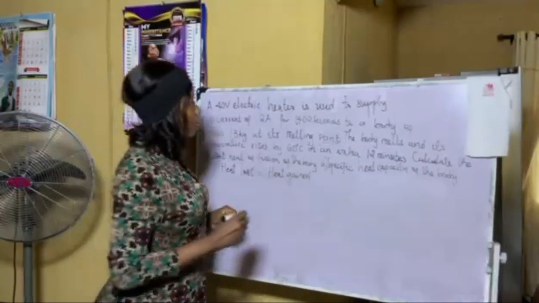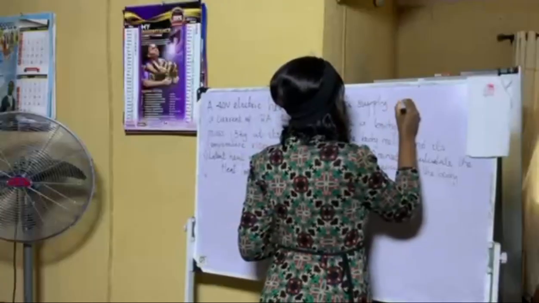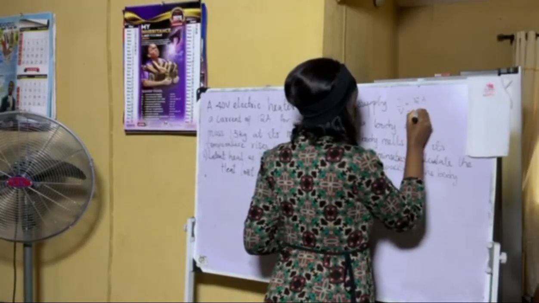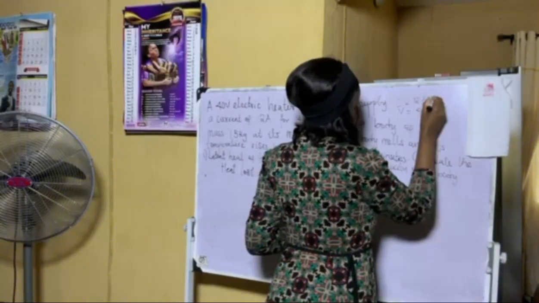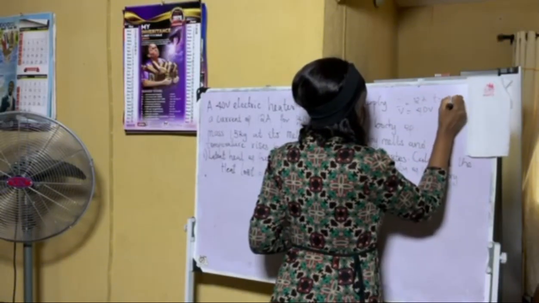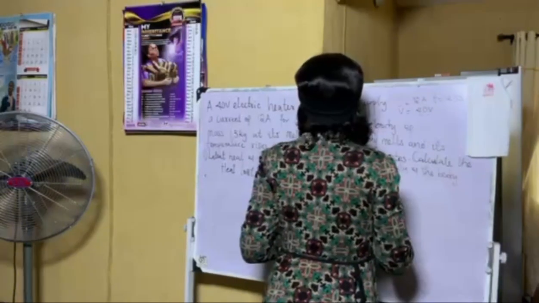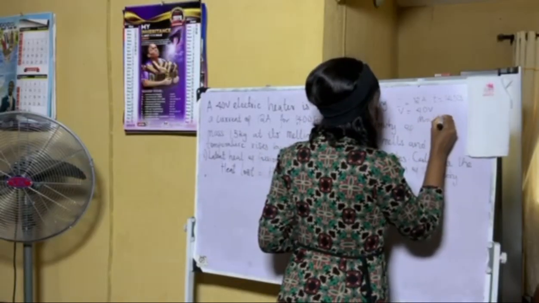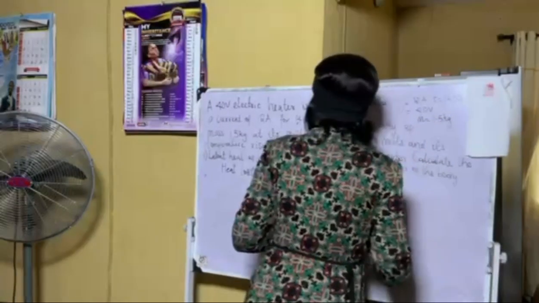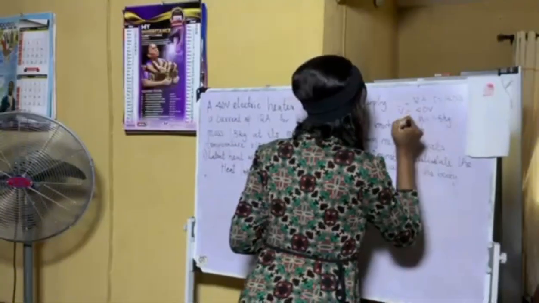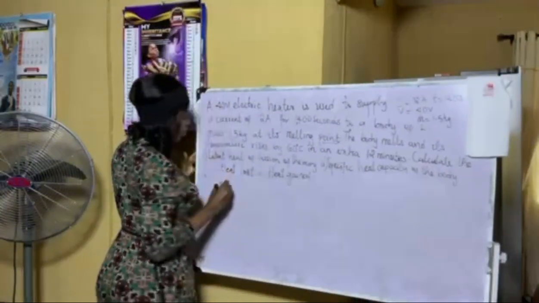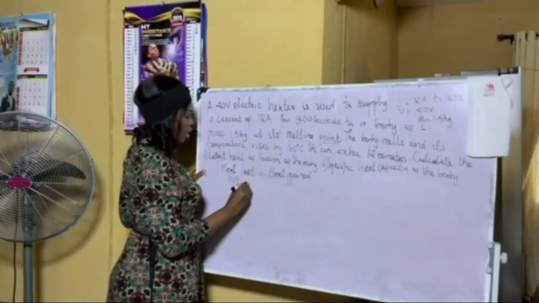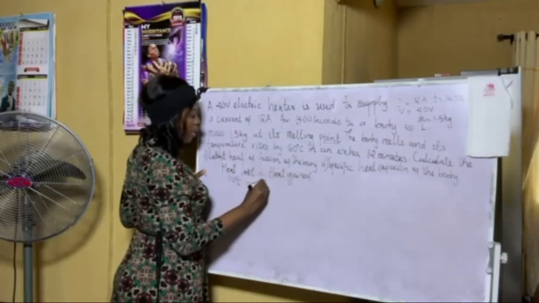So if we define our parameters, we have that I is equal to 12 amperes, V is 40 volts, time is 1,400 seconds, and mass is 1.5 kg. I'm looking for L. So the statement here will be IVT is equal to ML.